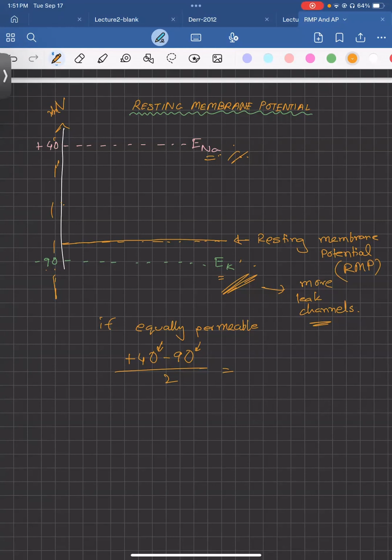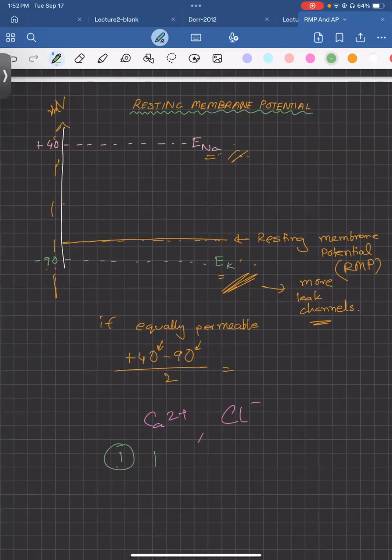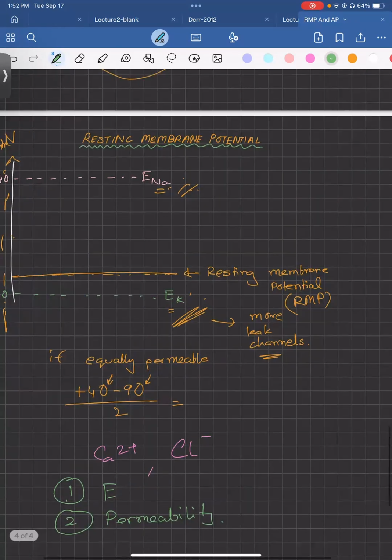Now, in a normal cell, it's not just potassium and sodium. We have other ions as well. We have calcium, we have chloride, all these other things. What about them? Well, two things we need to ask: what is their equilibrium potential, and what is their permeability? Because it looks like that's what the resting membrane potential depends on, isn't it?